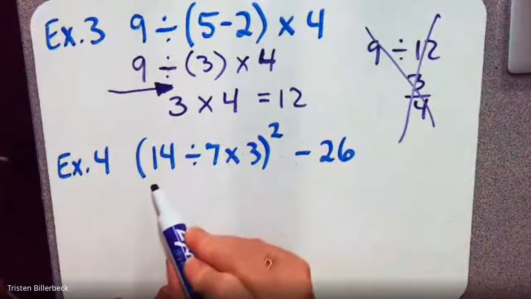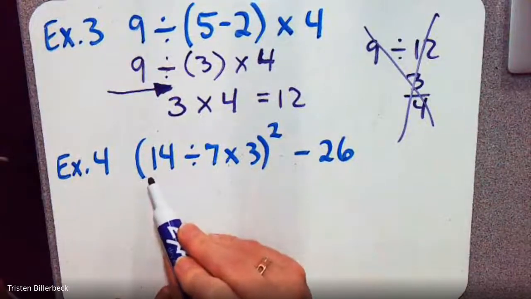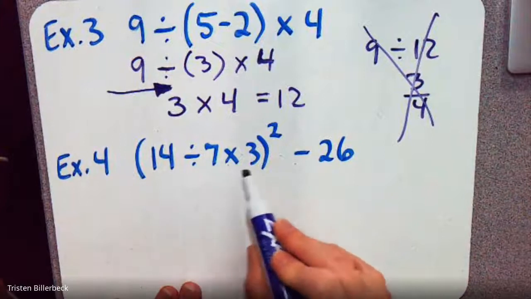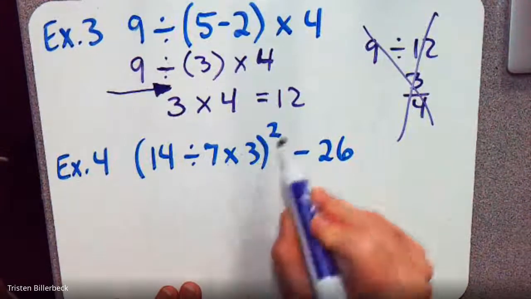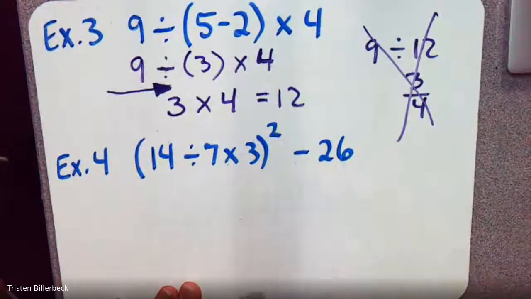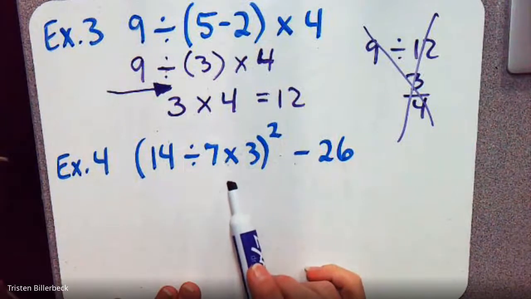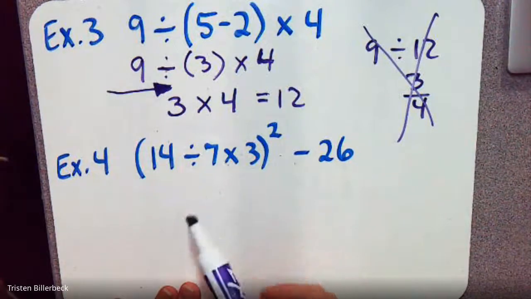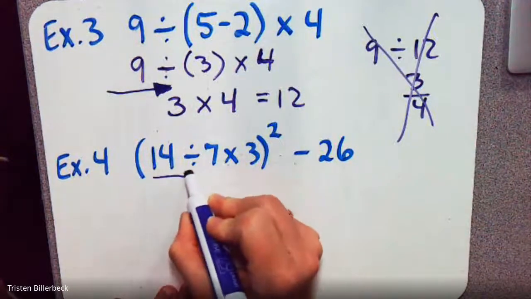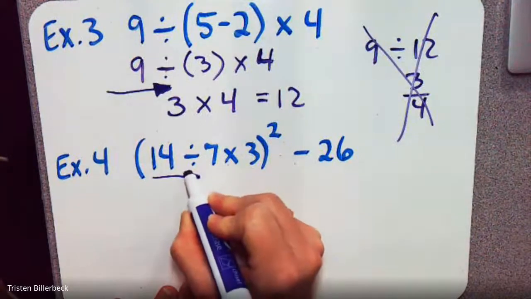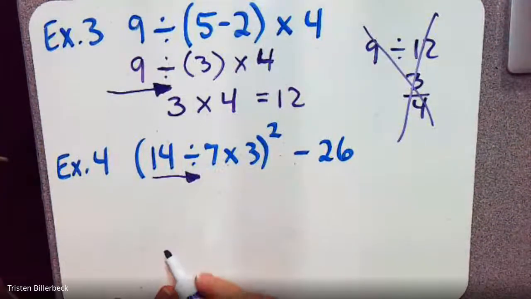On this, we have the quantity 14 divided by 7 times 3, and then that quantity is squared minus 26. Well, we have to deal with this part inside the parentheses first. As we read from left to right, the division happens first.